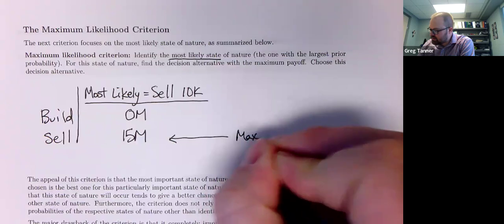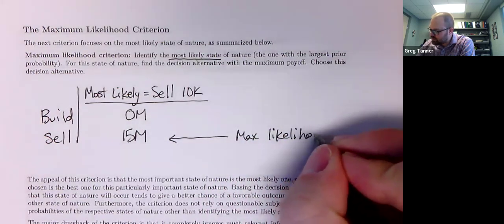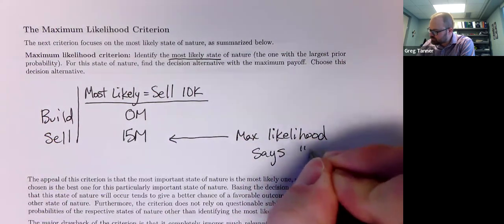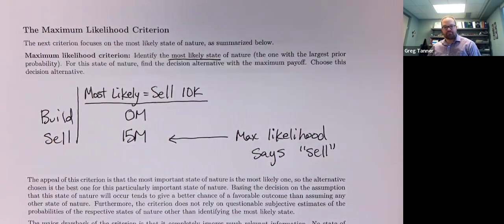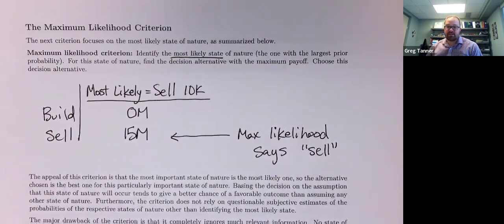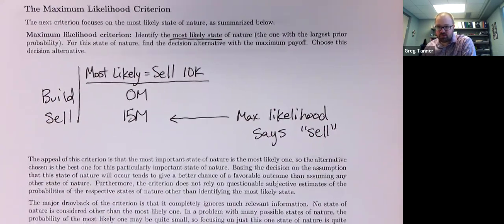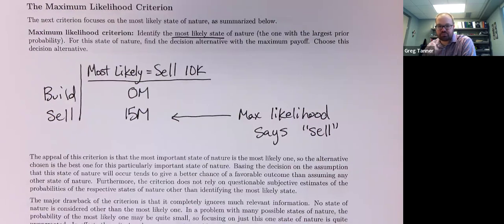And so max likelihood in this case tells us that we should also sell, because the most likely state is that we only sell 10,000 computers. Looking only at that most likely state, we should sell.